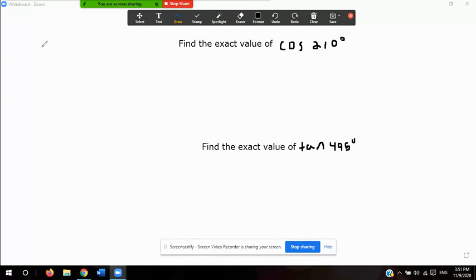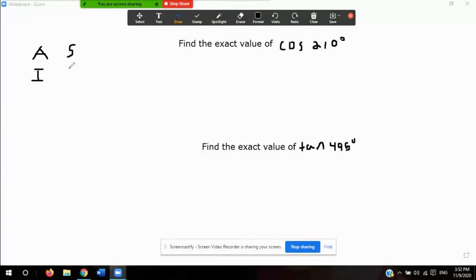Now, before we go into this, we have to remember that acronym, or that shortcut, that we used in our previous class, which is All Students Take Calculus. In quadrant 1, all trigonometric functions are positive.